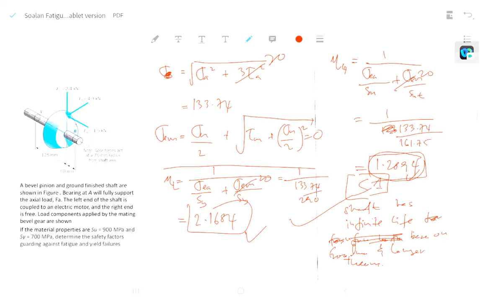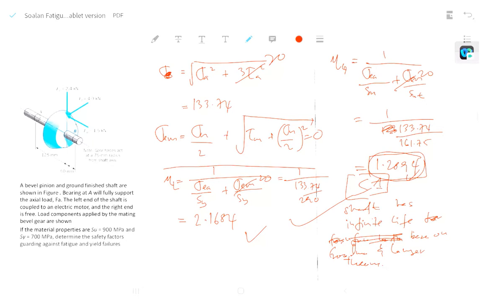So the shaft, based on both theories, if we run the shaft rotating under this condition where the 5 kilonewton load is applied on that shaft, we predict that the shaft will not fail forever.